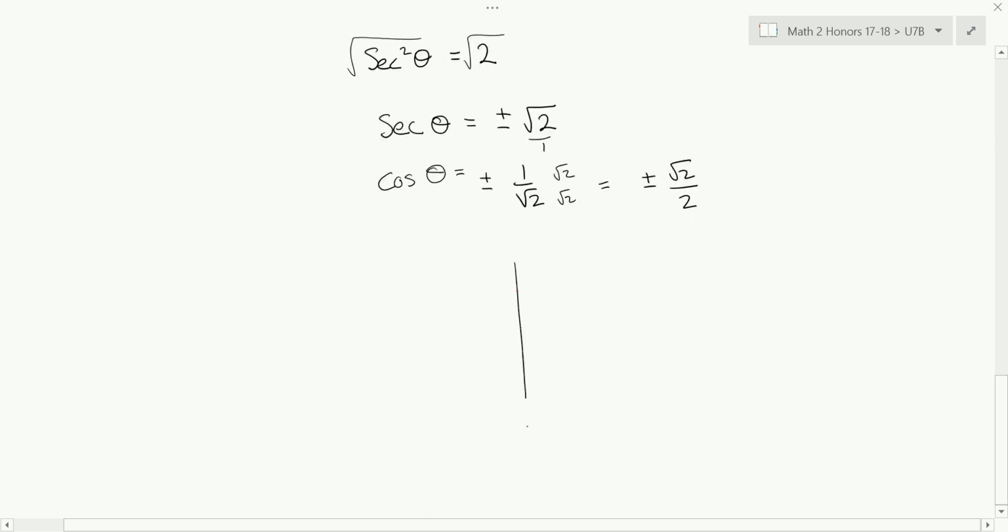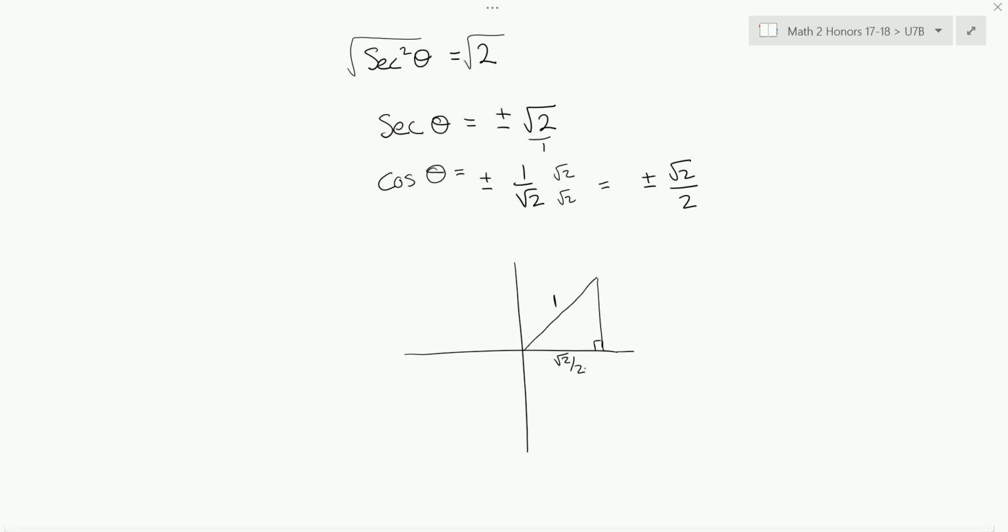So then in quadrant 1, I'm going to draw that right triangle, hypotenuse of 1. Cosine is your x, so this is root 2 over 2. And you should recognize what reference angle has that root 2 over 2. This is going to be 45 degrees.